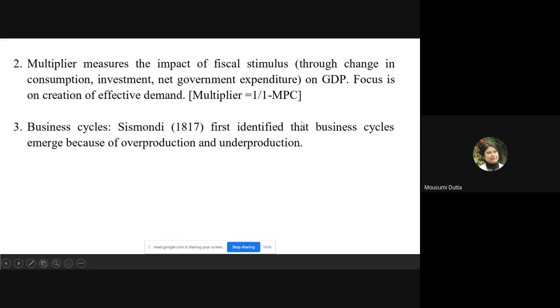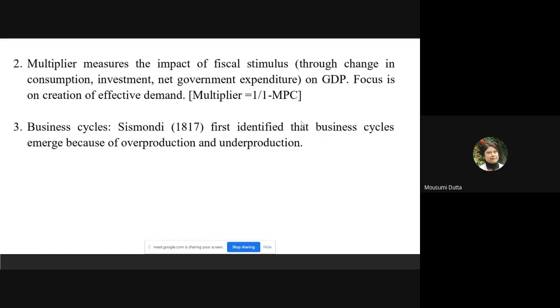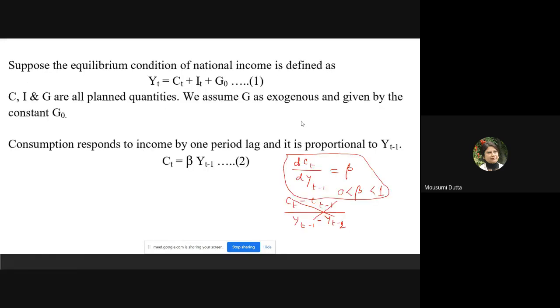Therefore, while I am explaining the matter, I am trying to tell you this beta is nothing but marginal propensity to consume, and this multiplier is nothing but 1 by this idea, so that you can understand what is the idea of beta and what can be the range of beta.